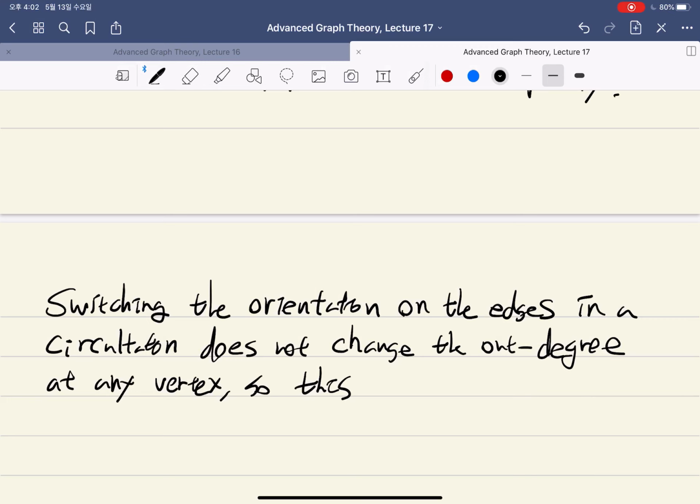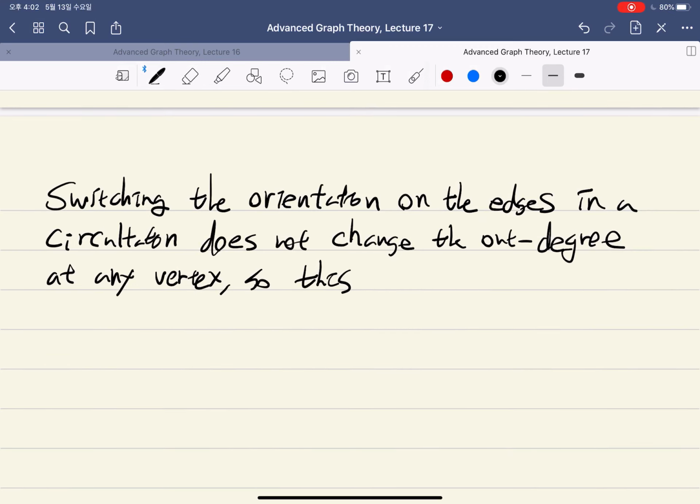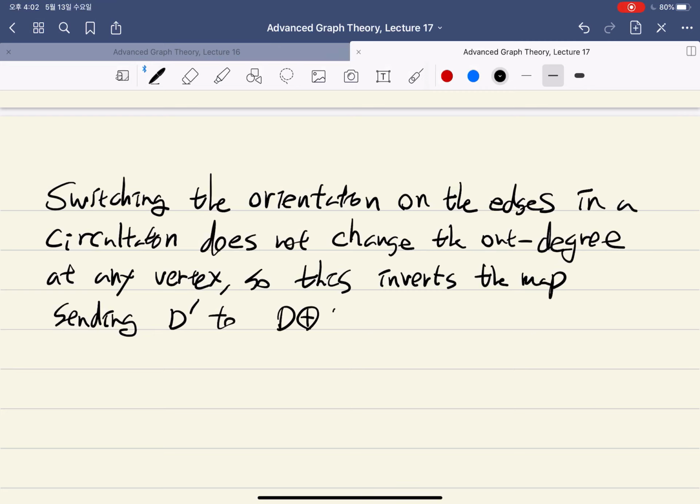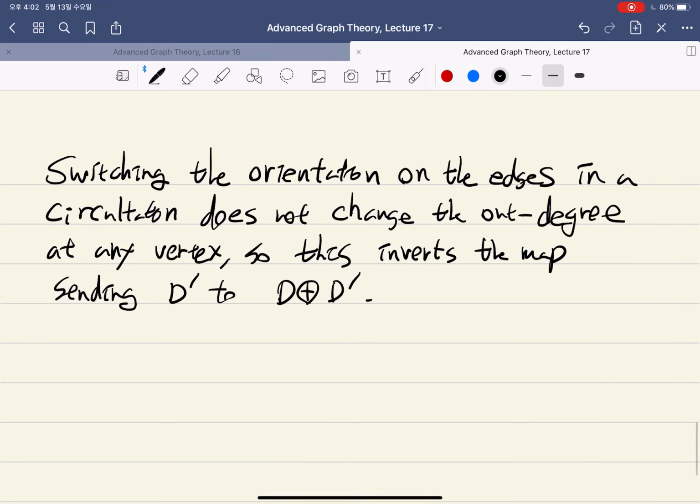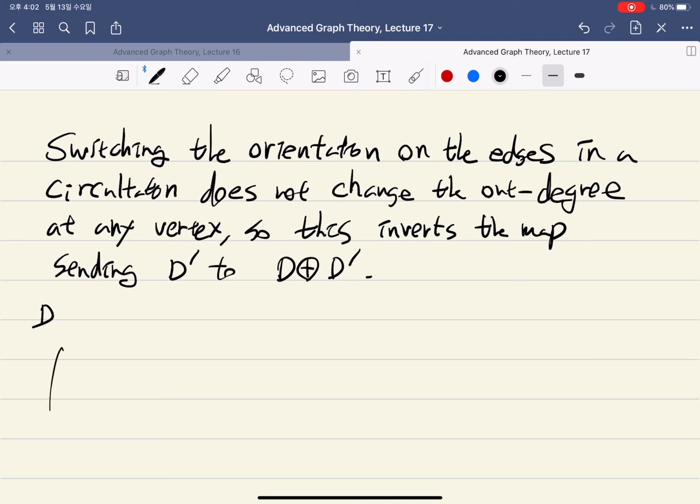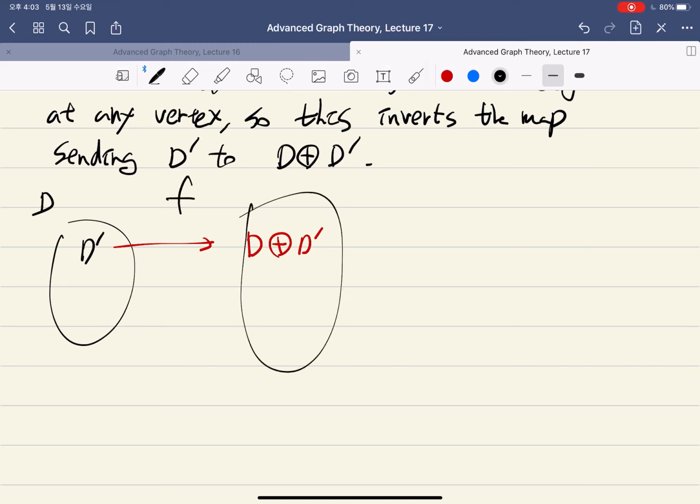So this inverts the map sending D prime to this. Meaning that we fix this D and then we consider all the set of D prime which has the same out degree sequence as D. And for each of them, we send it to a circulation. And this is a map. And we can consider the inverse map.